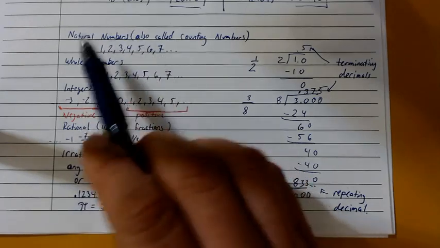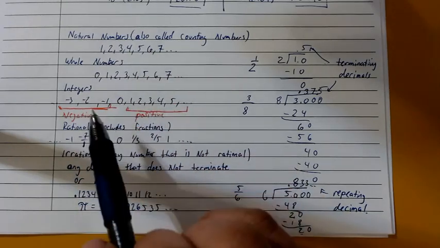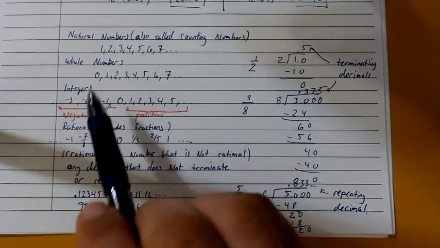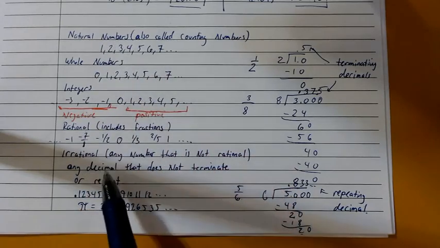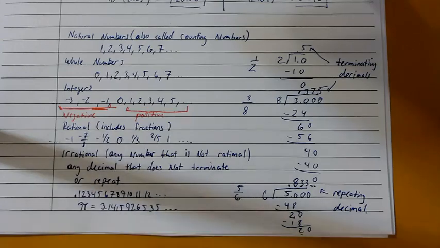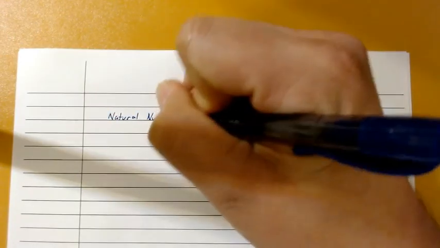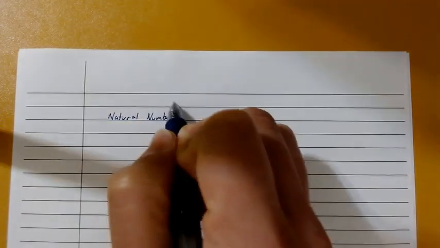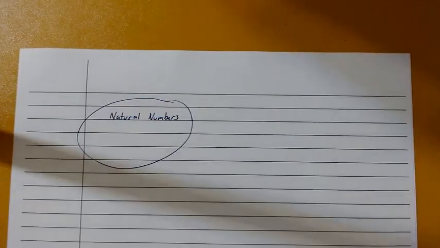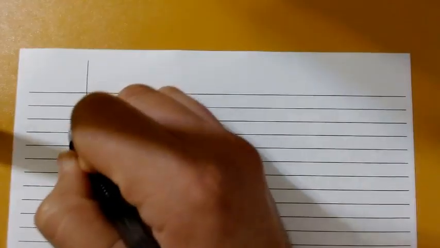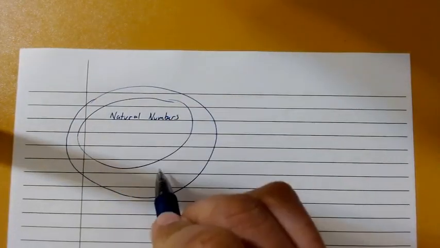When you take all of these together, the natural numbers, the whole numbers, the integers, and the rational numbers, these are all nested inside of one another. In other words, this is inside of this is inside of this. The irrationals are completely separate, though. So we could draw that as a diagram. Let's say you have all the natural numbers right here. Well, the natural numbers are inside of a bigger set called the whole numbers, because after all, every natural number is a whole number.